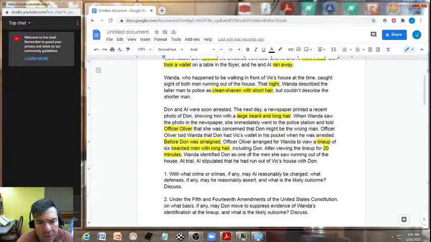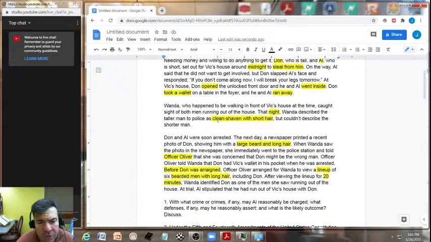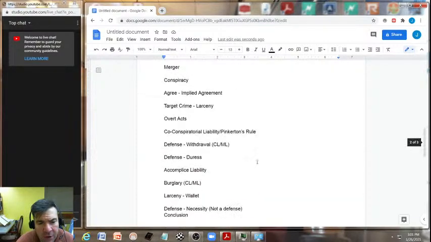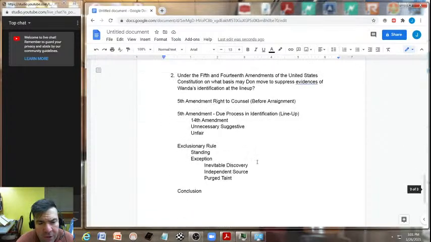Now, the aspect concerning the large beard and long hair. The night in question, she was the one that saw the clean shaven with short hair. So the whole aspect down here concerning unnecessarily suggestive would be the beard being lined up with bearded men, and we want to talk about long hair as well.